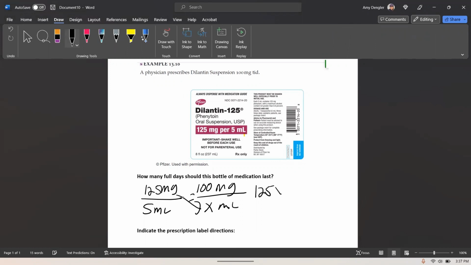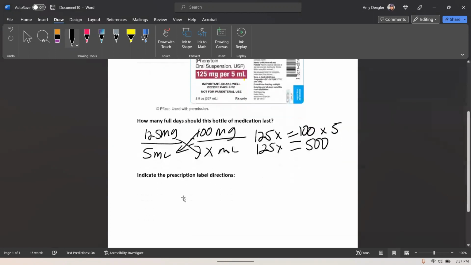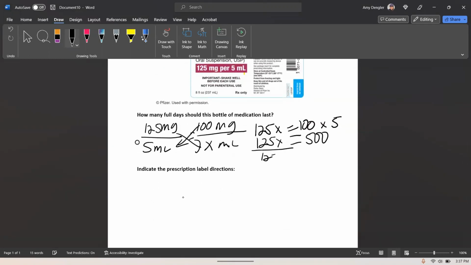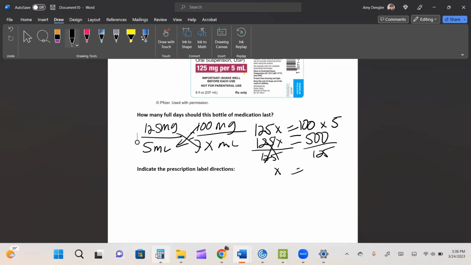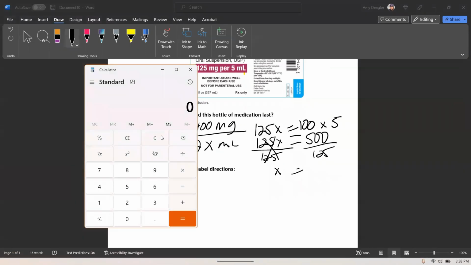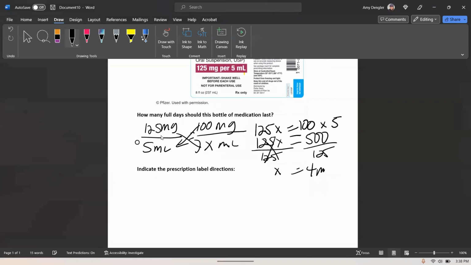So 125x is equal to 100 times 5. 100 times 5 is 500. We want to get x alone, so we need to divide by 125 on each side. So 500 divided by 125, and that's going to be 4 ml.